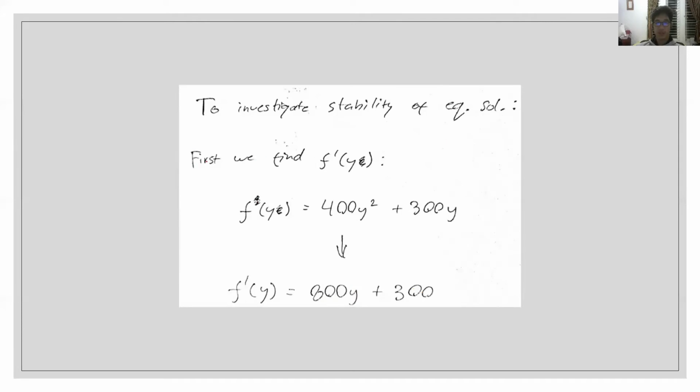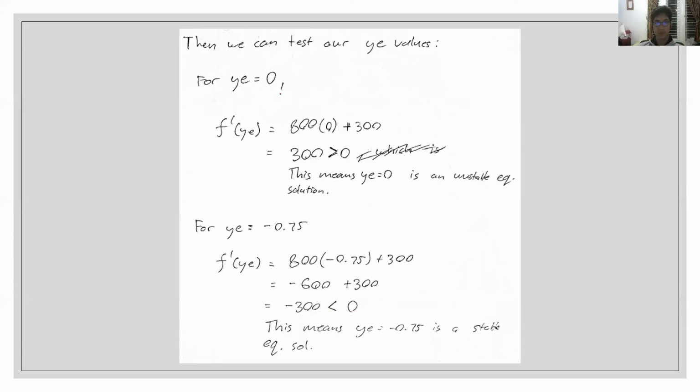To investigate stability, we must simply find the first derivative of the function in y. The first derivative of the function in y that we obtain is 800y plus 300. Now from here we can test our ye values.